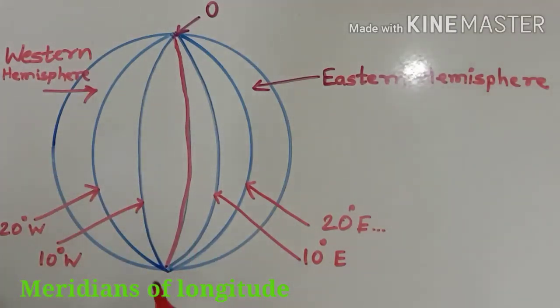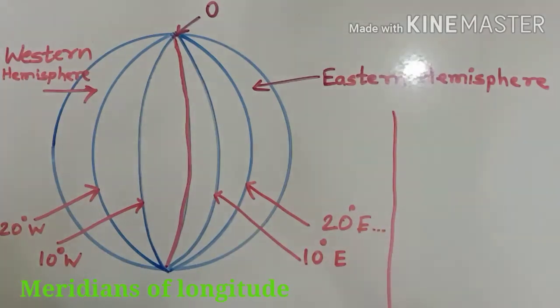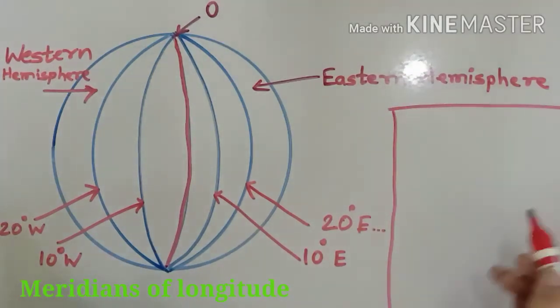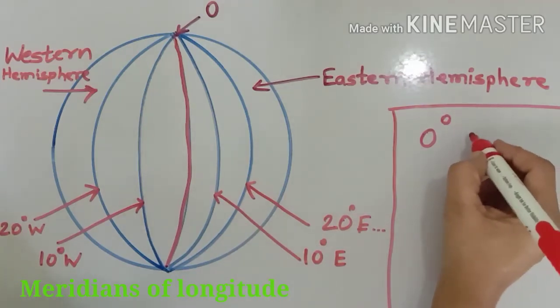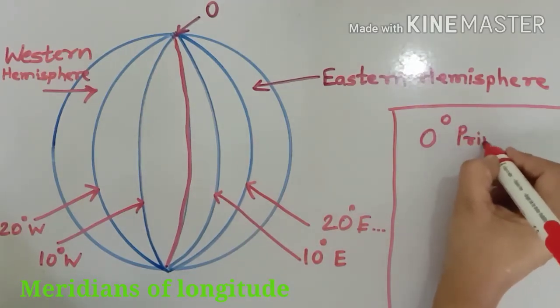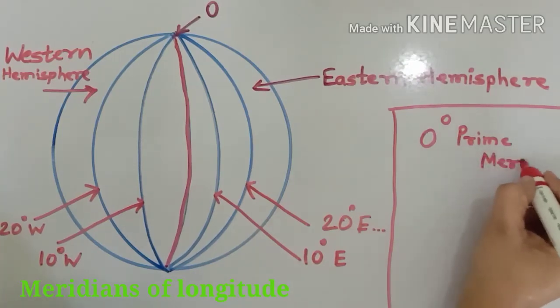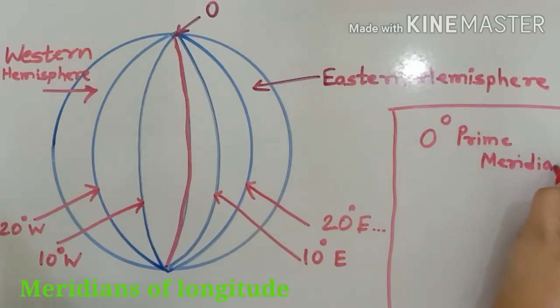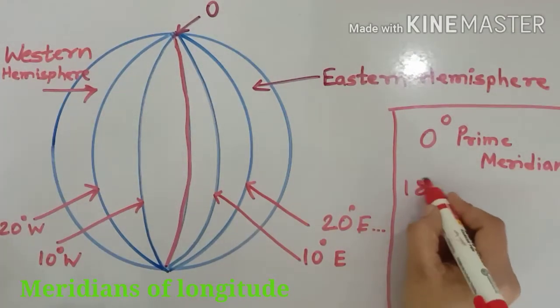Here let's see overall how many meridians we can draw on the earth. Here 0 degree meridian, which is called prime meridian. Then 180 degree meridian.